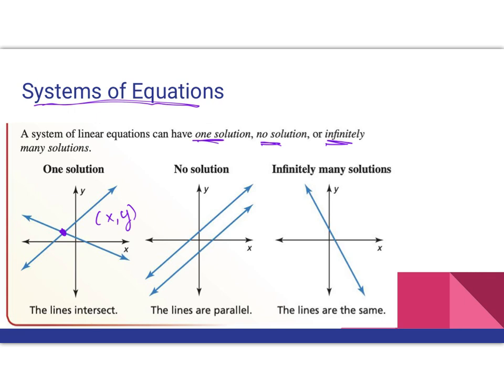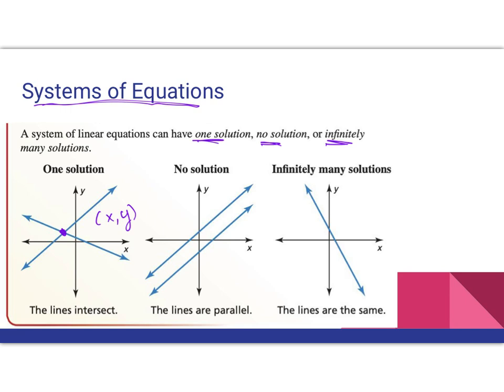If we have no solutions, it means that the lines are actually parallel. There's no solution, because by definition, the solution is where the lines intersect. So do they intersect anywhere? No. So if they don't intersect, there can't be a solution.